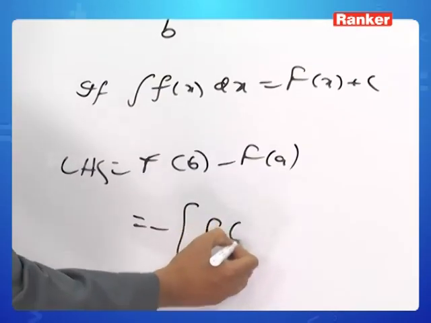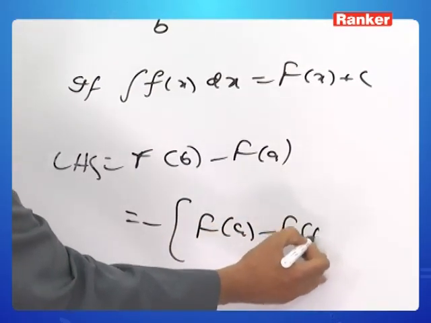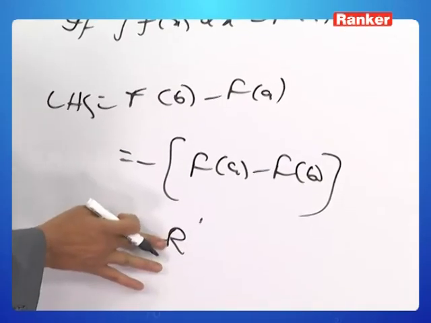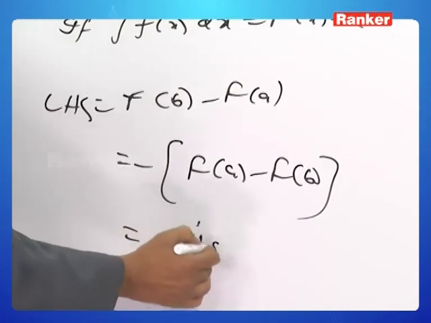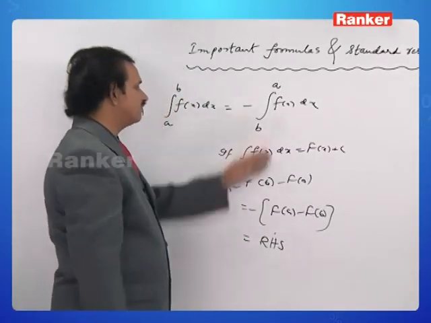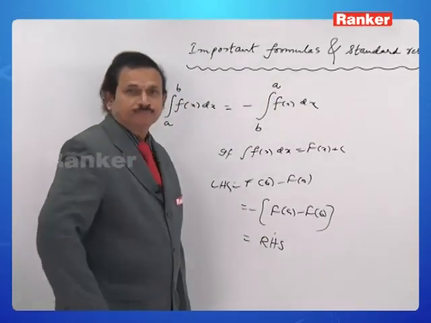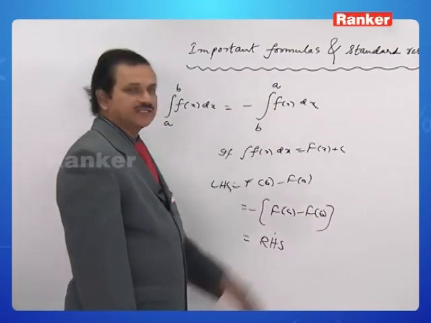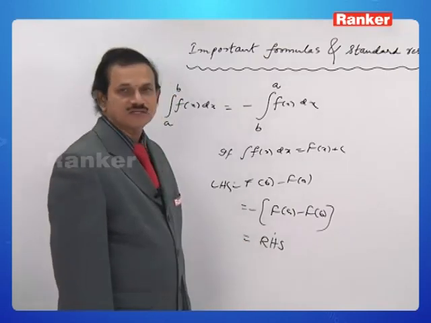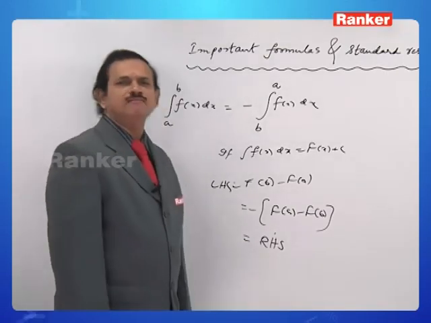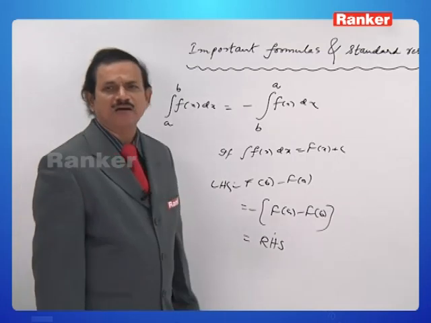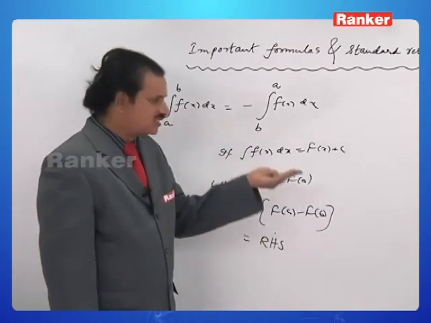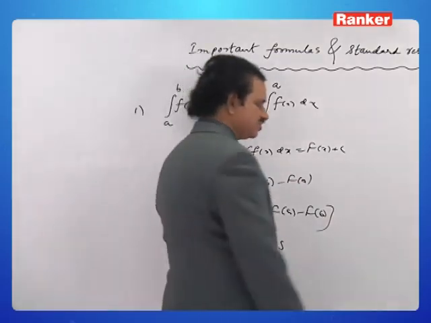It can be written as minus of F of a minus F of b, so that it is nothing but RHS. The definite integral which is present in the right hand side is just nothing but this. Therefore, LHS is equal to RHS. You see, every time we do not take part in proving the so-called result, as it looks very simple, we have just touched it. Well, this is the first result.